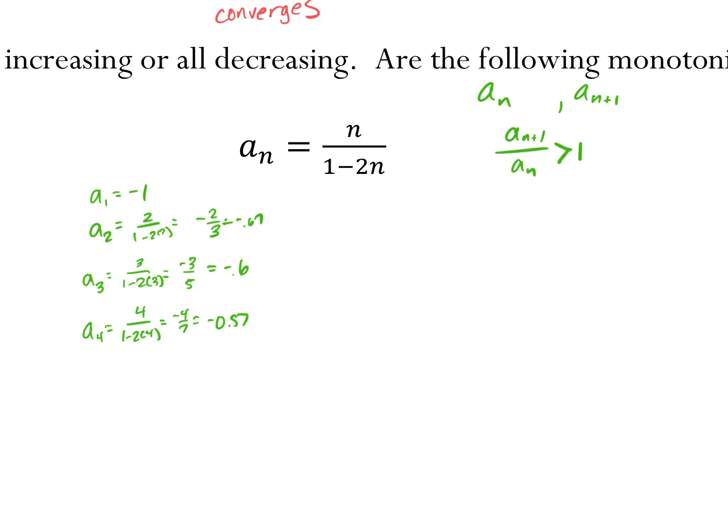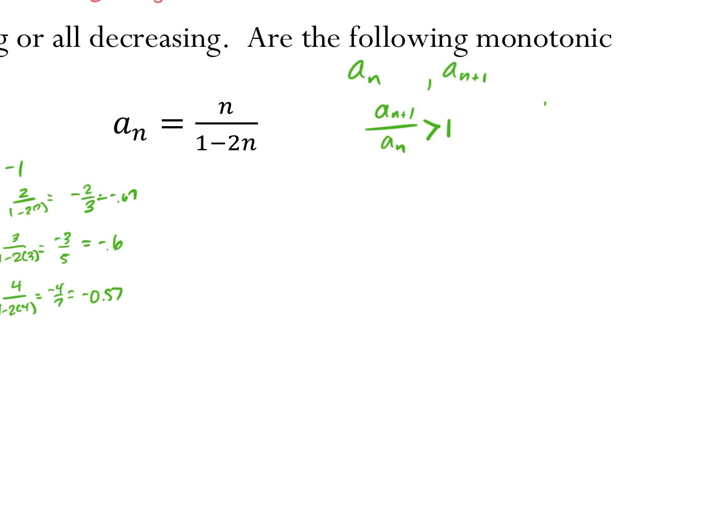And if this fraction is bigger than 1, then the sequence will always be increasing. Is everybody good? Okay? And likewise, if AN plus 1 over A sub n is less than 1, then the sequence would always be decreasing. Because the top would be bigger than the bottom.